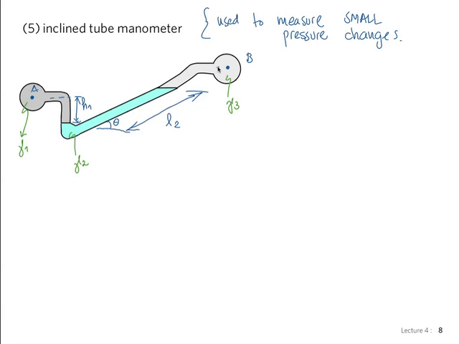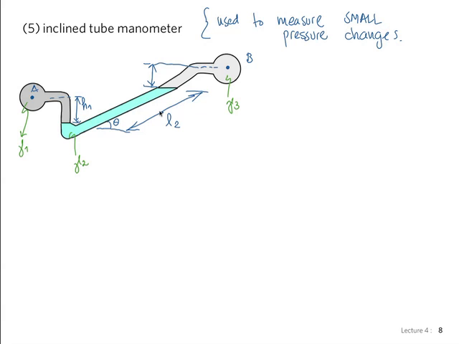So you can see how this will give me the possibility of measuring very small differences in height, but since I'm looking at the length, if I put a ruler there, I can actually see it with much more resolution.